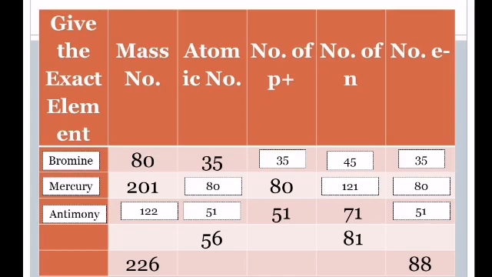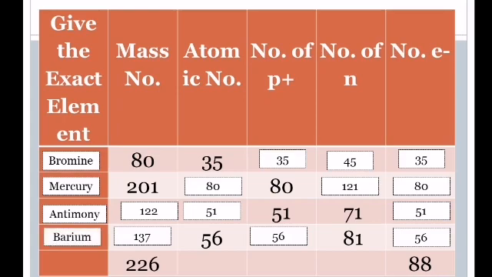Next, for the fourth element. For the number of protons, you have 56. For the number of electrons, you have 56. And for the mass number, you have 137. And for the element, you have barium. Using your periodic table, locate the element having atomic number 56.